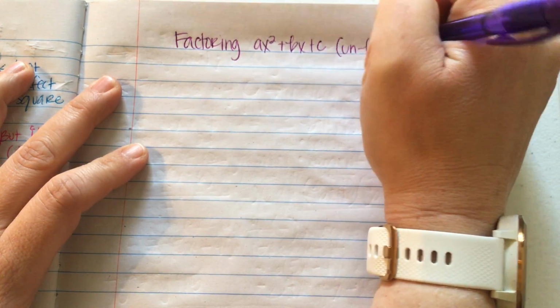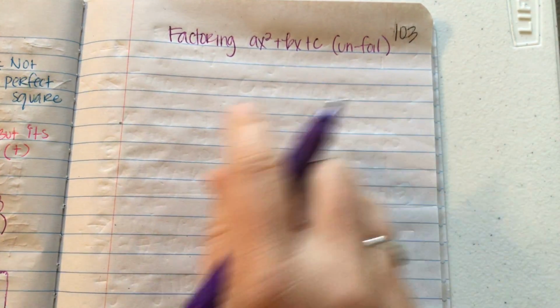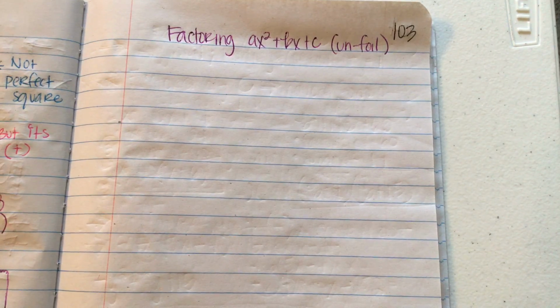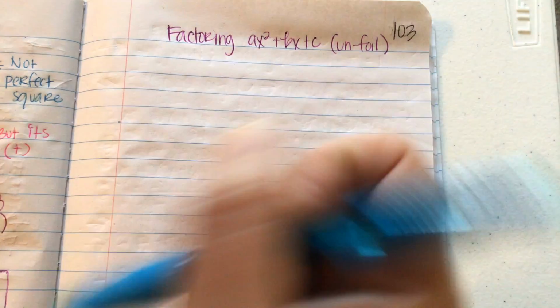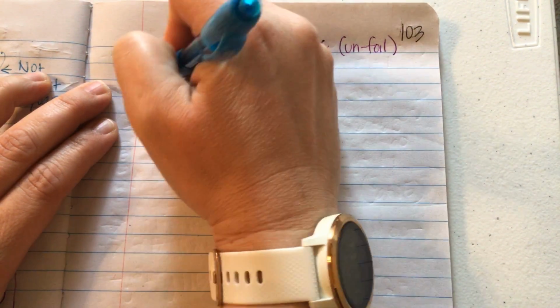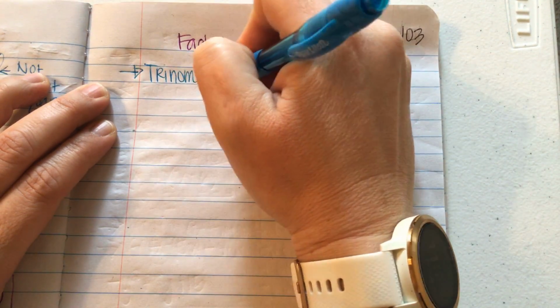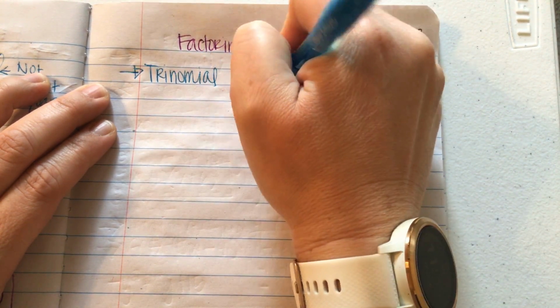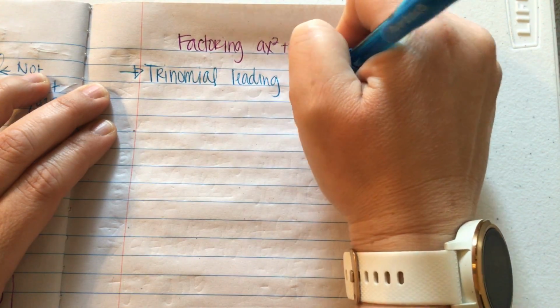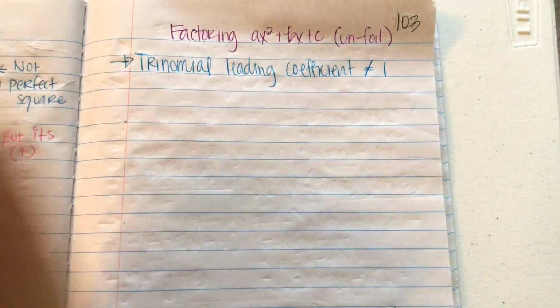We're going to have a binomial times a binomial because we are getting a trinomial answer. So today is a trinomial where the leading coefficient is not 1. It's not equal to 1.